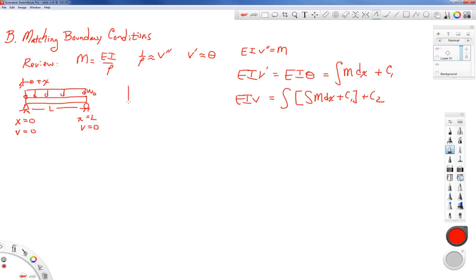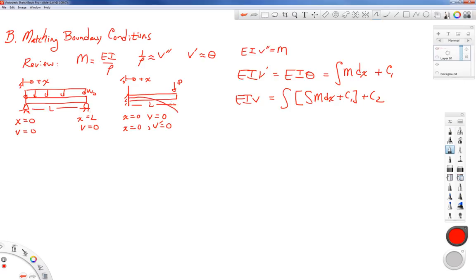For a cantilevered beam, where it's fixed on one end, if the length of the beam is L and my coordinate system starts at the wall, then I would write down x equal to 0, v is equal to 0, and x equal to 0, v prime is equal to 0, because I have no slope at the wall, and the deflection curve would take some sort of shape like this.